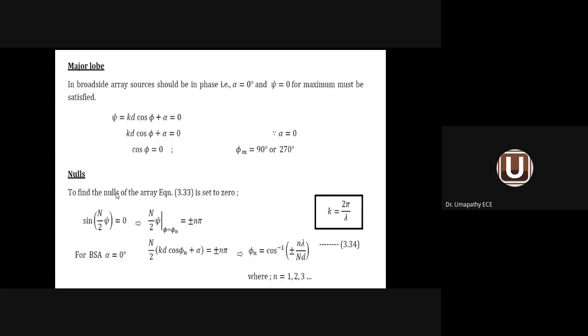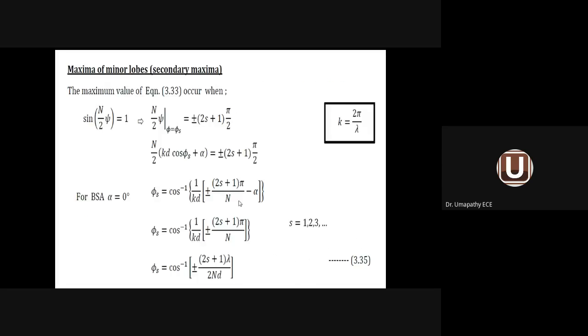Everything we are calculating either from the total phase difference or from the array factor, especially the numerator of the array factor. So the phase difference psi equals kd cos phi plus alpha. I am substituting alpha equal to 0, psi equal to 0, calculating psi m. I am taking the numerator of the array factor, equating it to 0, calculating psi n.